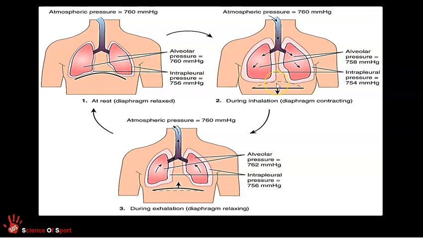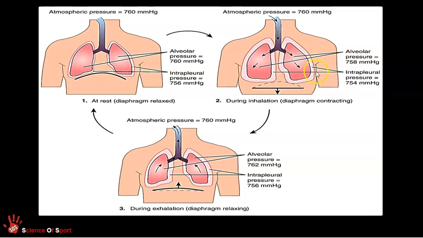When we breathe in, we change our chest cavity space. So when we breathe in, our ribs go up and out, and our diaphragm flattens, and this paler line here is showing the change in space of our lungs. The volume inside our chest cavity gets larger because our ribs have pulled up and out and our diaphragm flattens.